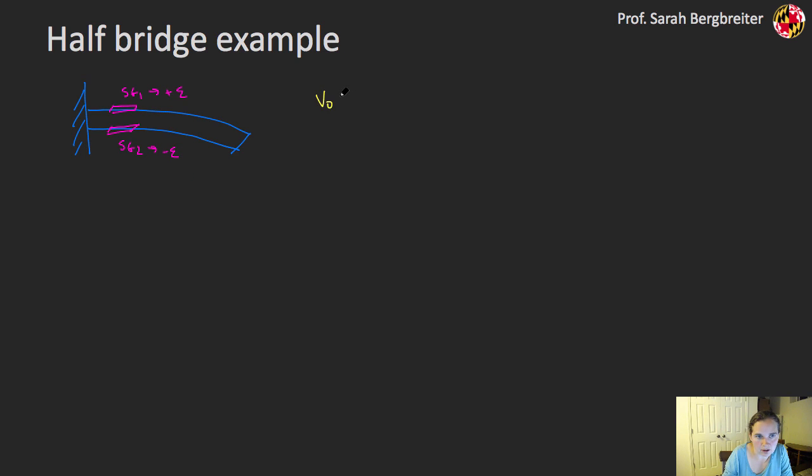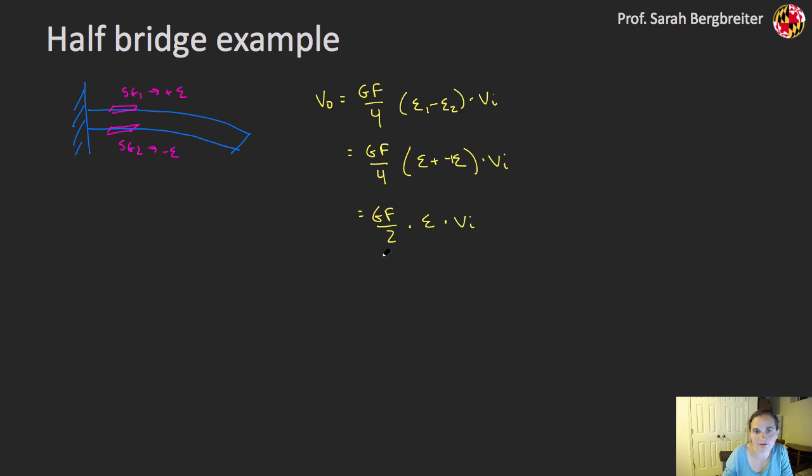So if I plug all of that into my equation, I'm going to get the gauge factor over 4 times my first strain minus my second strain times my Vin, and this will equal my gauge factor over 4. I can plug in these, so I have epsilon minus negative epsilon, so these will add together times Vin, and I'll get a gauge factor over 2 times my strain times my Vin.